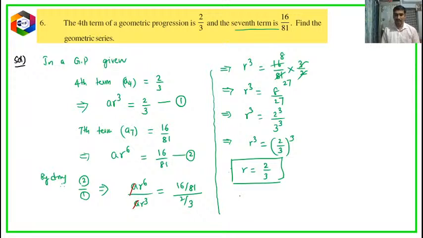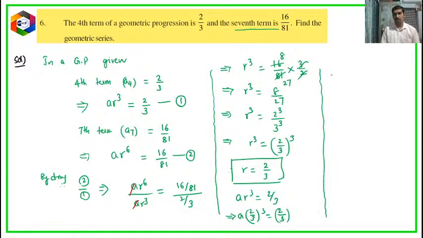Now what is the simple equation? AR cube is equal to 2 by 3. Now A into R cube is A into 2 by 3 whole cube, which is equal to 2 by 3. Okay children, now let us simplify here also. So A into 2 cube, that is 8, by 3 cube, that is 27, is equal to 2 by 3.